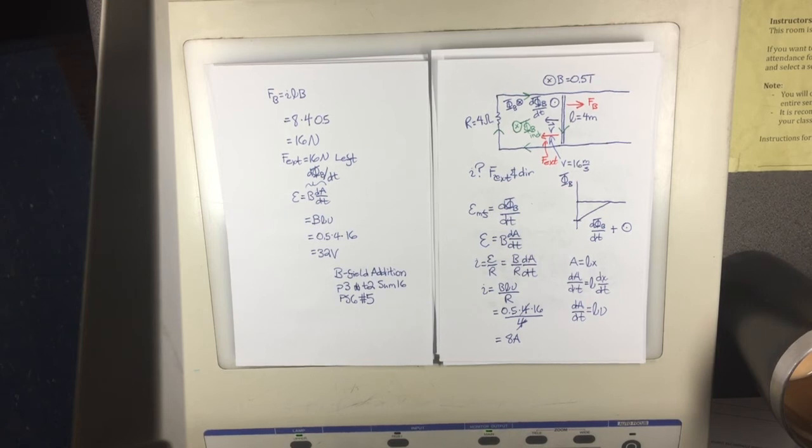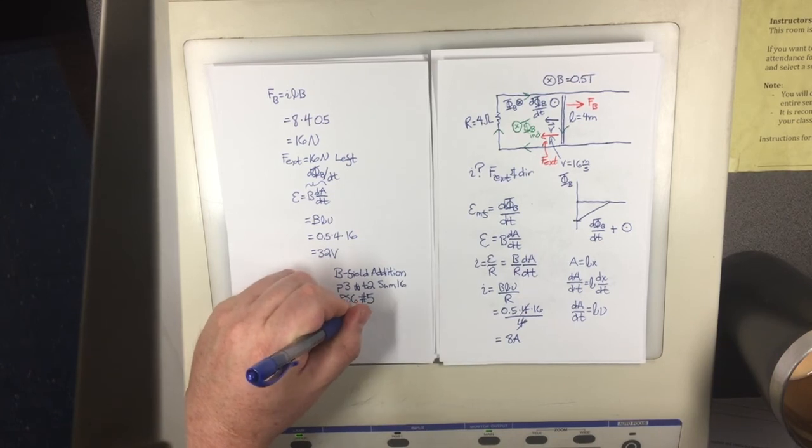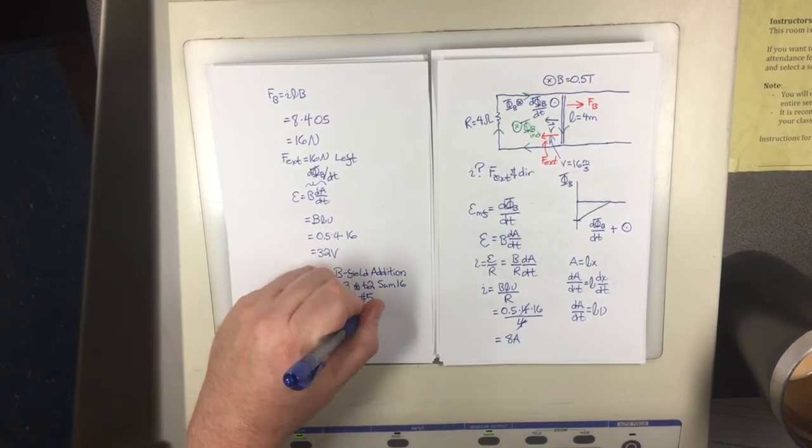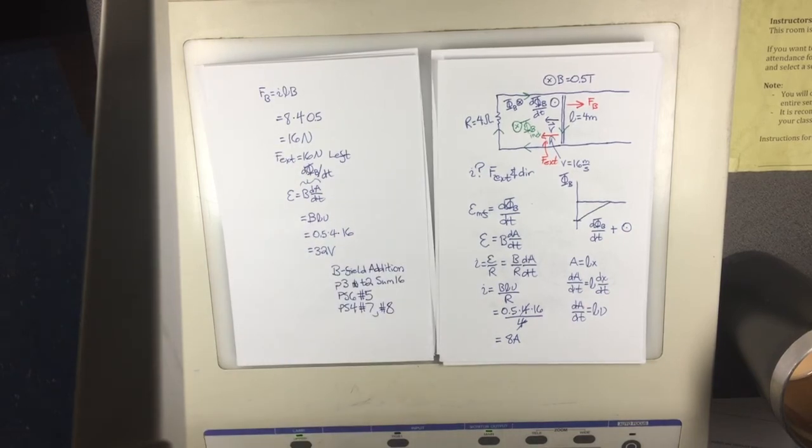For more on B field addition, problem set 4, numbers 7 and 8. That will give you a good shot at all of that.